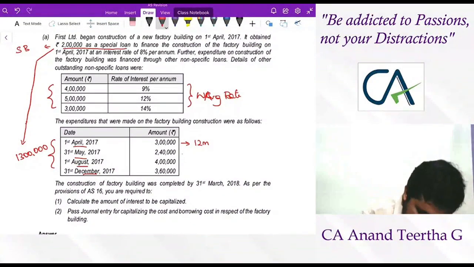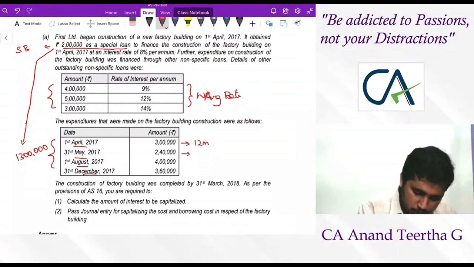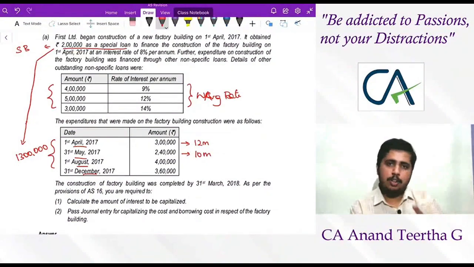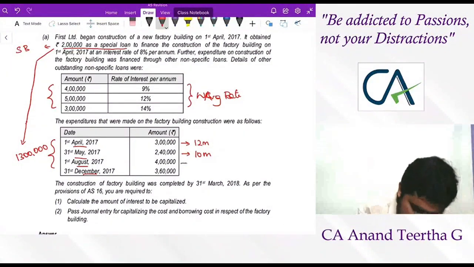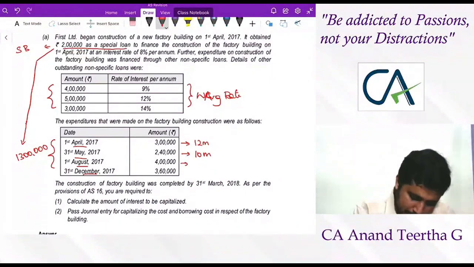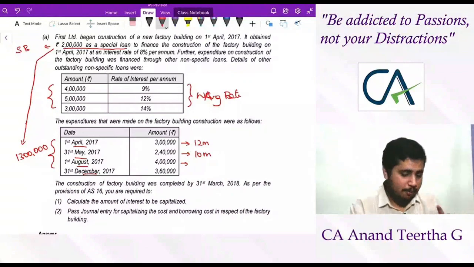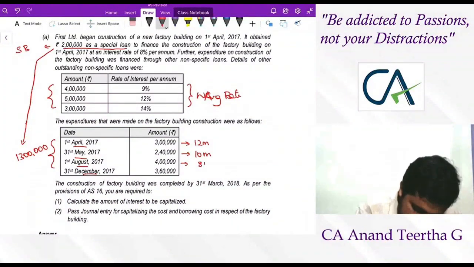What about 31st of May? On 31st of May, you utilized only 10 months of loan, which means the interest should also be capitalized to the extent of 10 months itself. August, September, October, November, December, Jan, Feb and March. So 8 months. This is for 3 months.